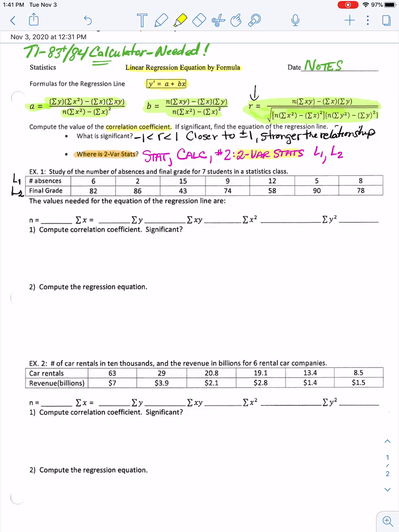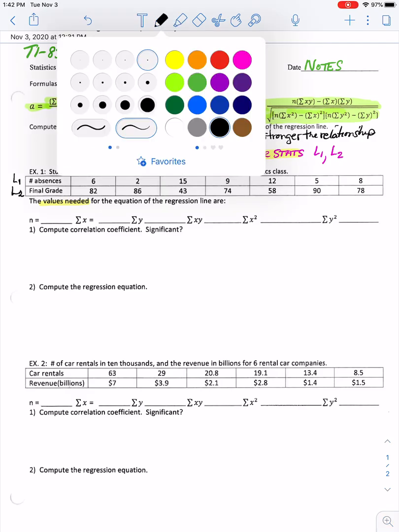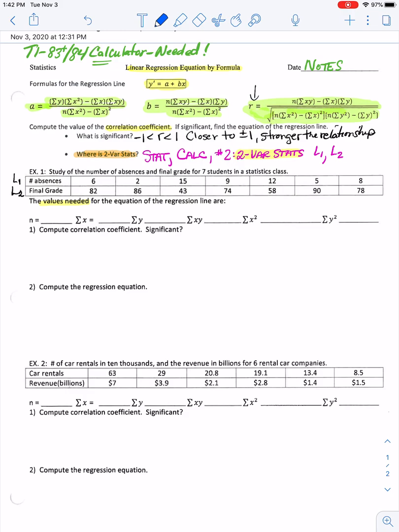To be able to fill in the formulas above in green, I've already made a great big list of the values that we need. If you do your 2var stats, stat, calc, 2var stats, telling it L1 and L2, you get a whole bunch of information.